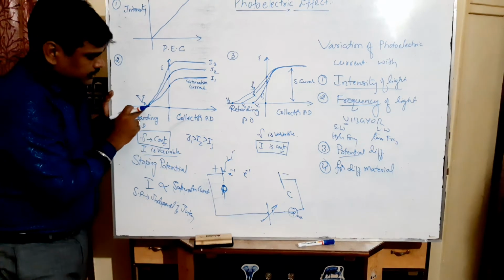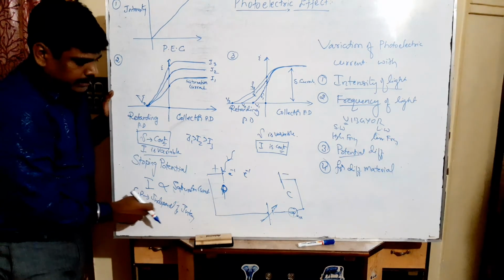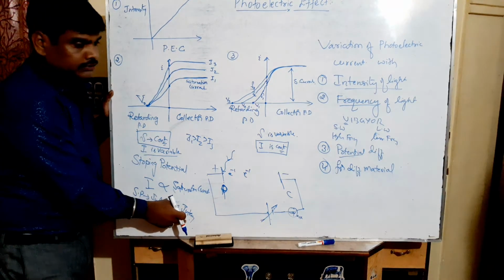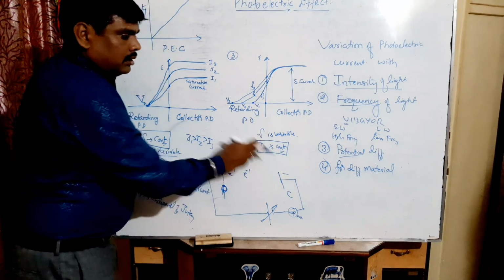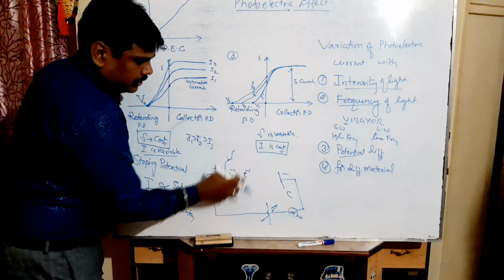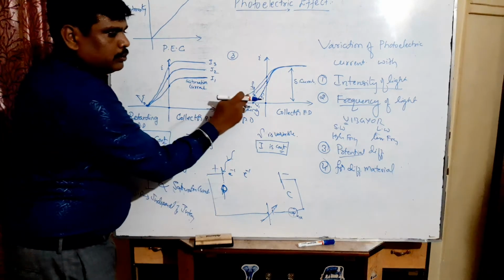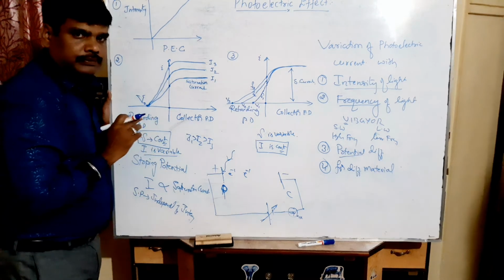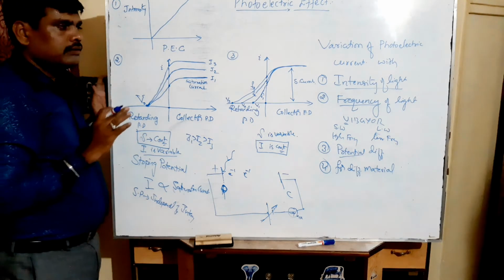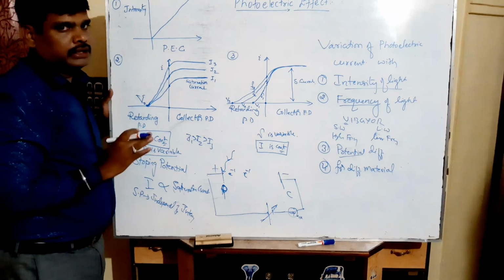Third, stopping potential is independent of intensity. Here, at constant intensity, the stopping potential is directly proportional to frequency, but it is independent of saturation current. Clear now? So these 4 points you have to remember carefully.